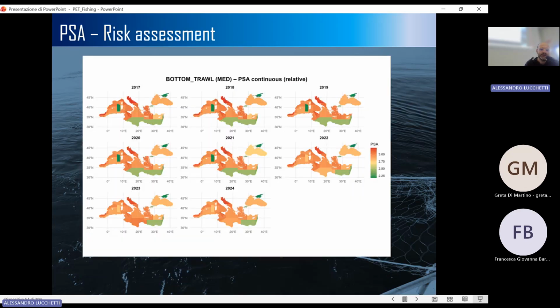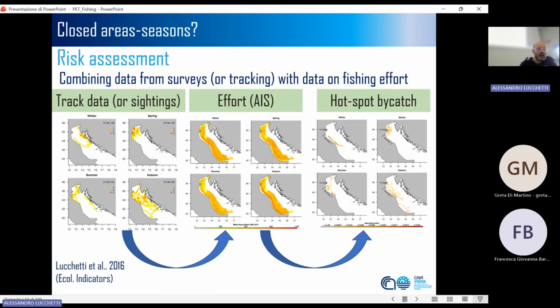Here, for example, we did the same, but reducing to GSA level, not to the sub-region: the Adriatic, Black Sea, Central, Western, etc. Therefore, it depends on the type of data that you have, the quality of data. Otherwise, with the same approach we used in the past, for instance, to have a kind of risk assessment or potential risk of bycatch, we used satellite data of sea turtles, overlapping this with the fishing effort of bottom trawling.